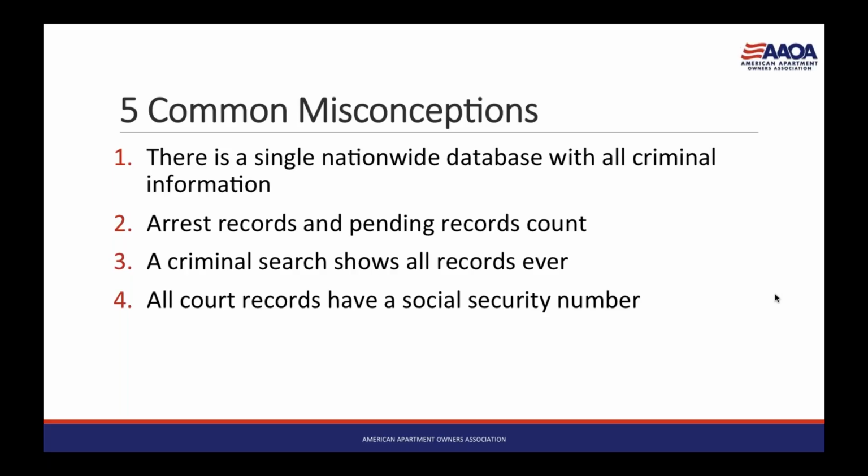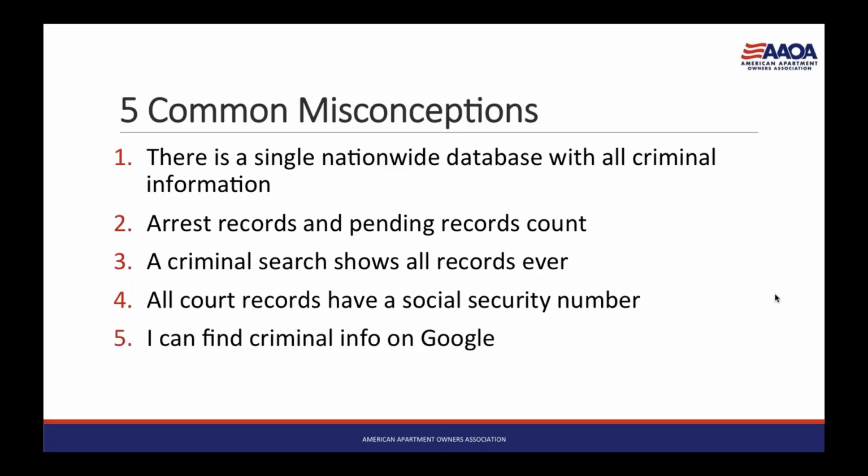Most of them keep it either as a partial, so they'll only show 4 digits, or they won't show it at all. And so we do our best to use the social security number in other ways to find a match with the name and date of birth, but the social security number itself is a lot of times not on a court record.